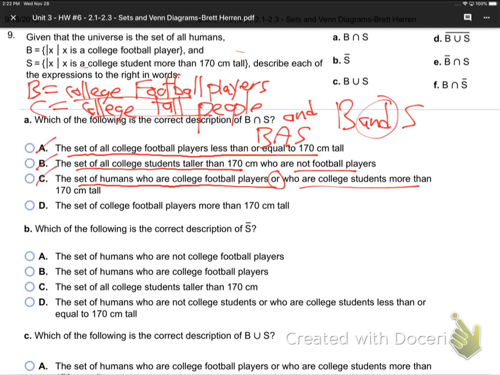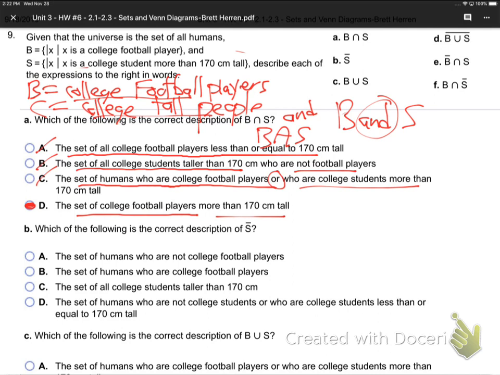I'm assuming you haven't been to the moon. So with and you've got to do both. If they say or, it's just one or the other. You don't have to meet both conditions. So that or is wrong. C's not it. It's D, all college football players more than 170. If they're college and they're more than 170, they're college and they're tall. That's a way of saying and, isn't it? It's D.